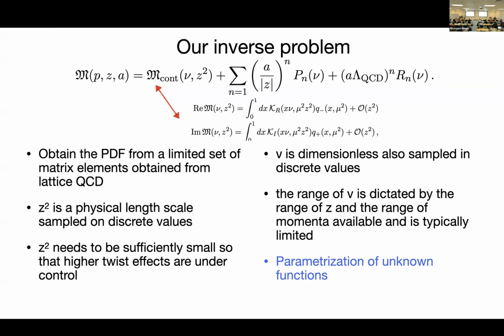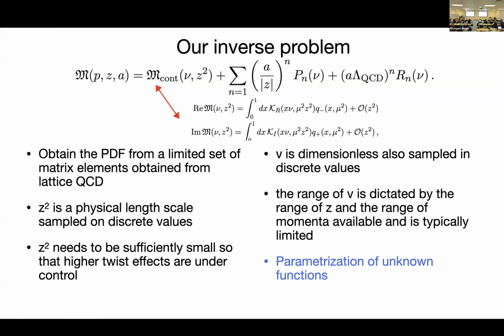Because of being at finite lattice spacing, you have things that are proportional to the lattice spacing. As you take the limit of the lattice spacing going to 0, these terms are going to vanish, but they are there. So you have an infinite tower of a to the n contributions that contaminate the continuum result at any given lattice spacing. So you have to do an extrapolation. You have to do several lattice spacings so that you can extrapolate away these contributions.